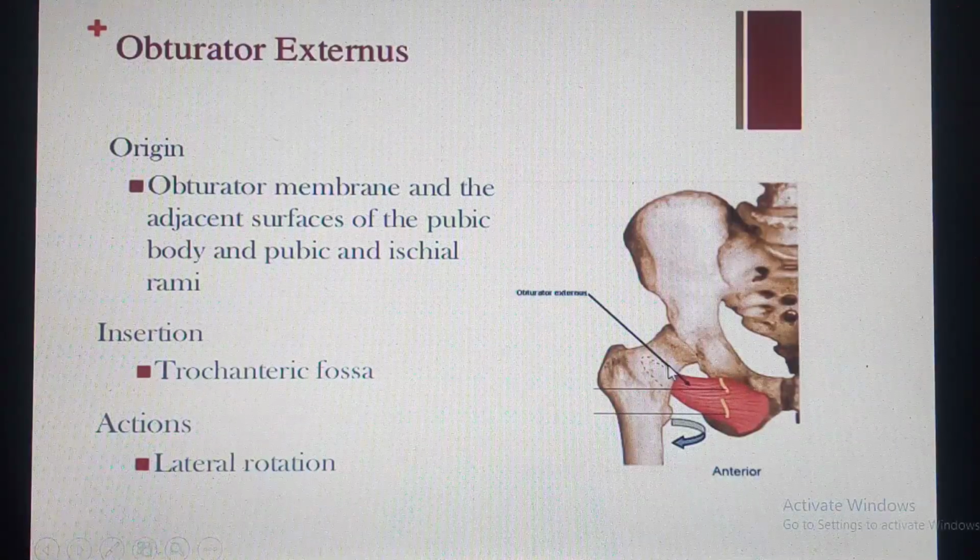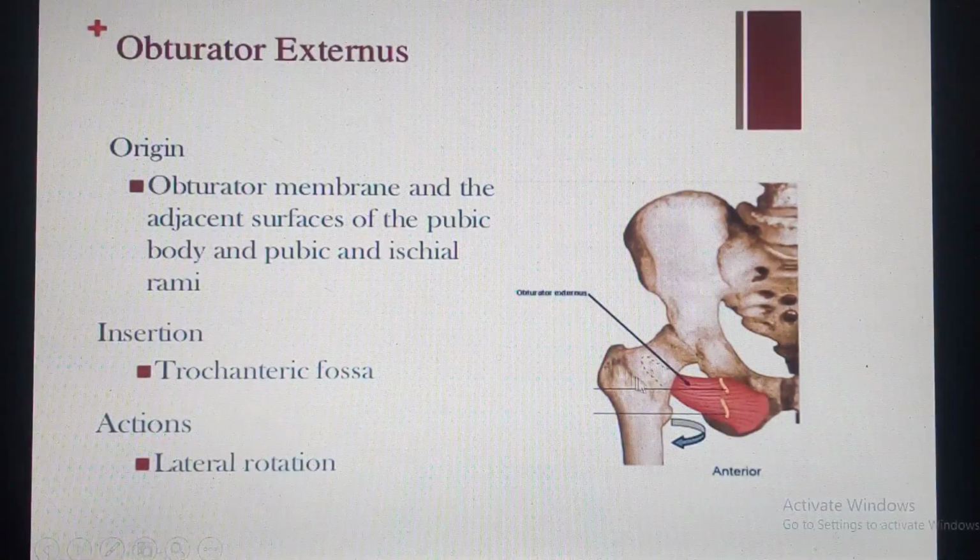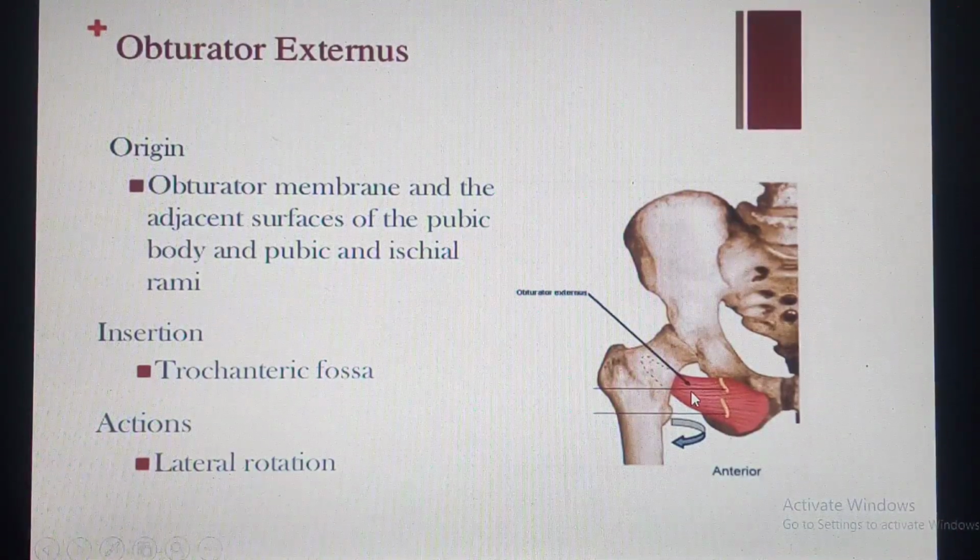So look at where the trochanteric fossa is. It's going to help in lateral rotation at the hip joint, because the trochanteric fossa is going to be a bit laterally placed.